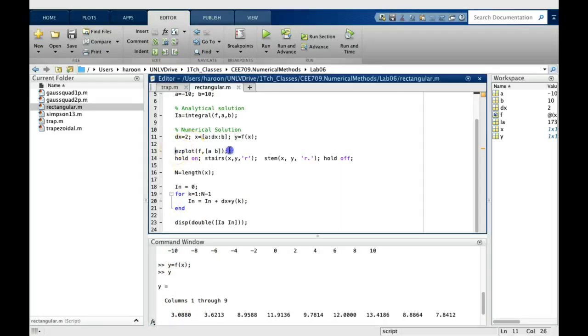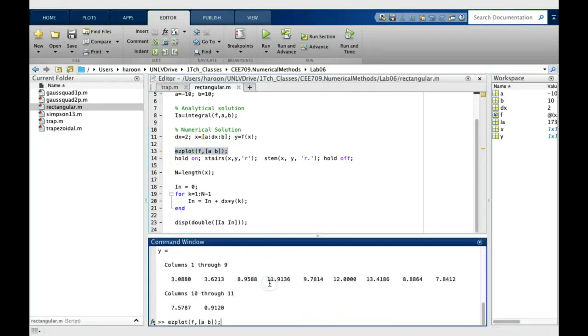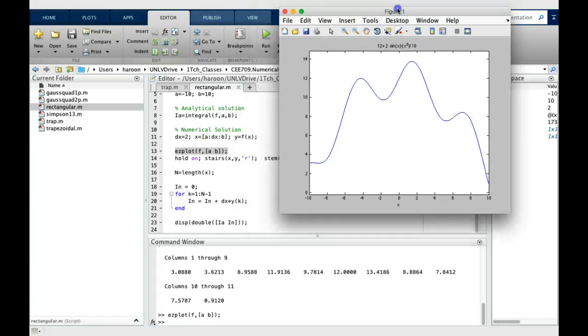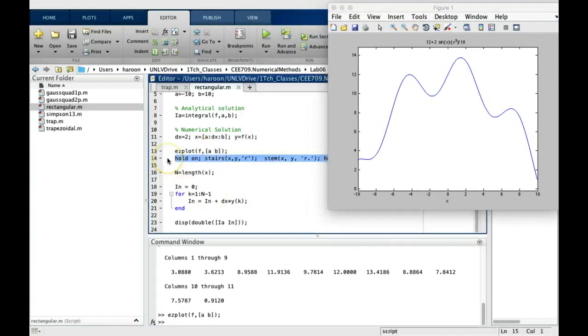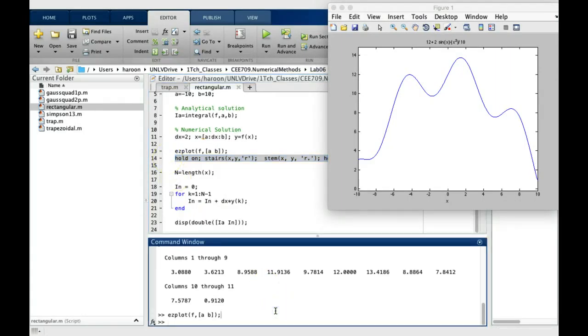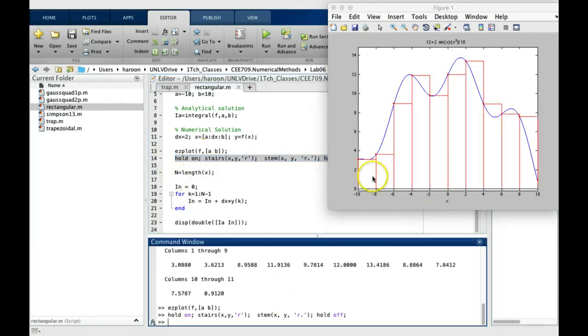You can quickly plot this using EasyPlot, and you should remember what it looks like. And now we can put these other values on it, the discretized points. So we have the value of the function at minus 10, minus 8, minus 6, and we treat the value at minus 10 as a constant over the interval, and then this rectangle is the integral from minus 10 to minus 8.